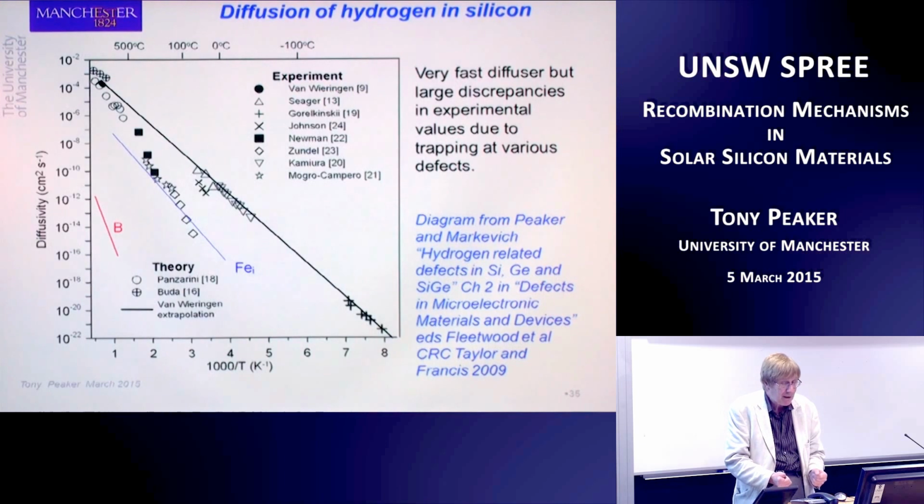So the hydrogen is so reactive that it doesn't diffuse all that fast in many conditions, because it ties itself on to other defects. So I put on this plot interstitial iron, which is about here, and boron, which is about here, and I did intend to put copper on, but didn't get around to it. And copper is faster, it's about here.